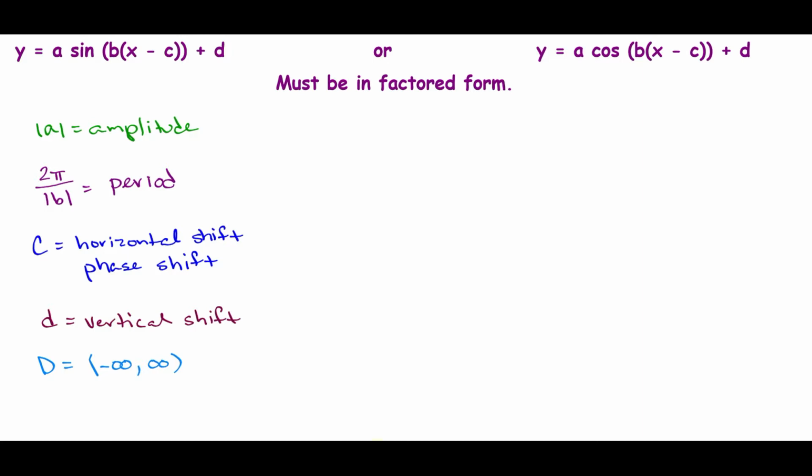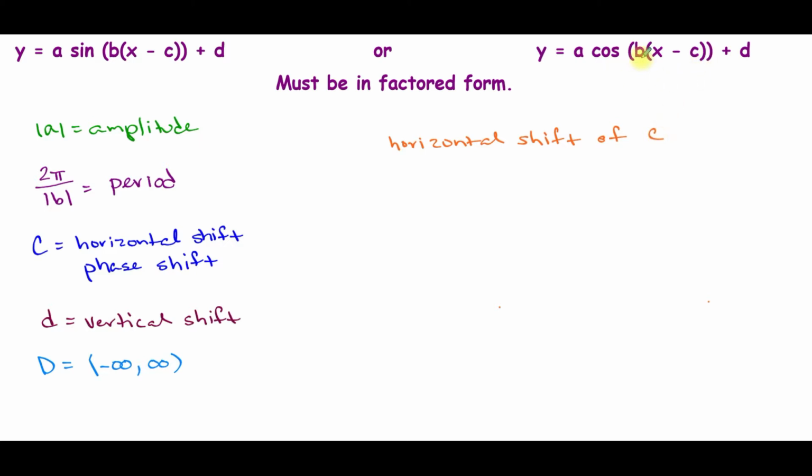Okay, so a couple other things that we want to know here is if we're talking about the transformation, remember that we want to work in order of operations. So we would do what's inside the parentheses first. So the first thing we would talk about is this phase shift. So we would say we have a horizontal shift of c. Remember, we're changing the sign there. The next thing we would talk about is the b value.